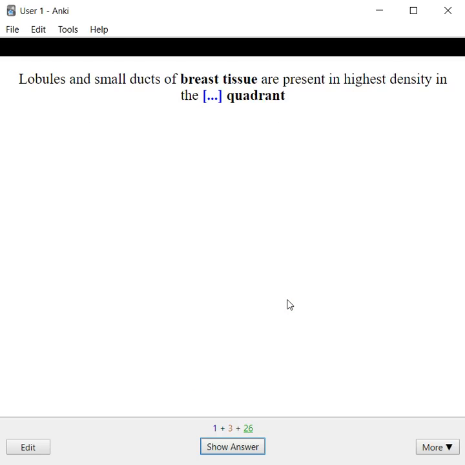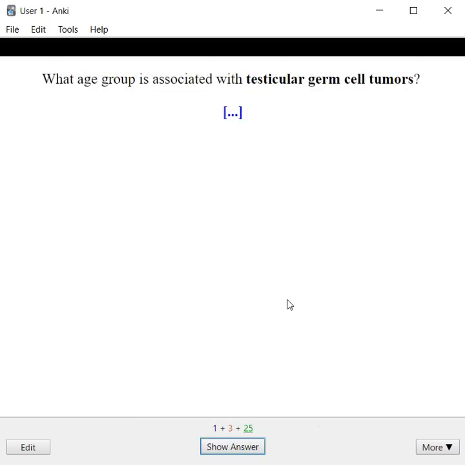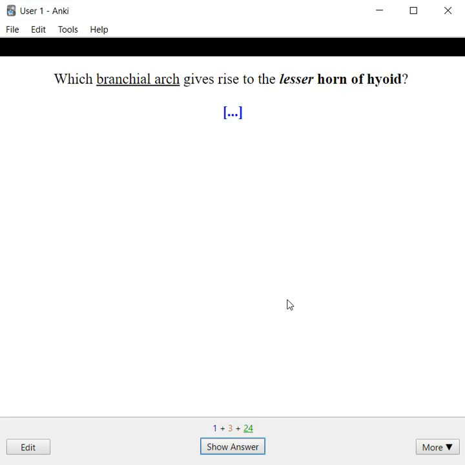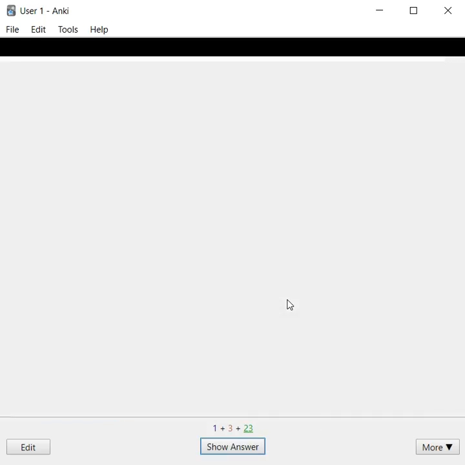Lobules and small ducts of breast tissue are present in highest density in the what quadrant? The upper outer quadrant. What age group is associated with testicular germ cell tumors? Men 15 to 40. Which branchial arch gives rise to the lesser horn of the hyoid? Is it the second or third? It's the second.